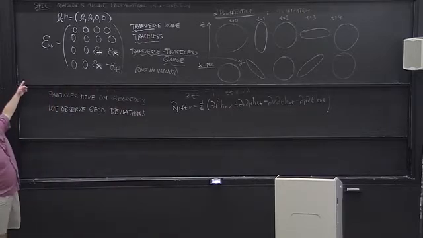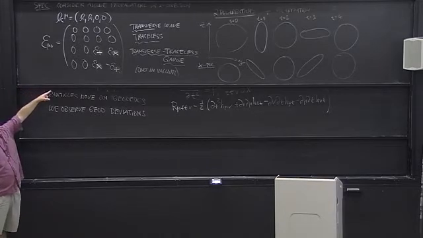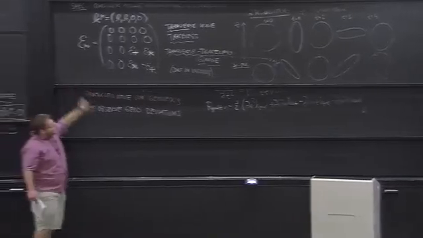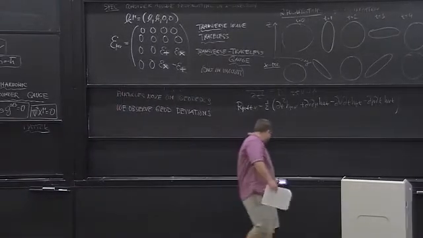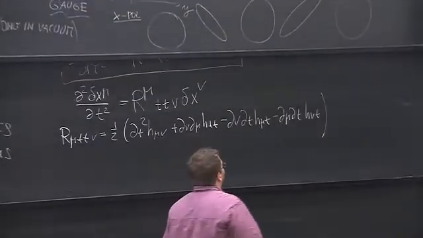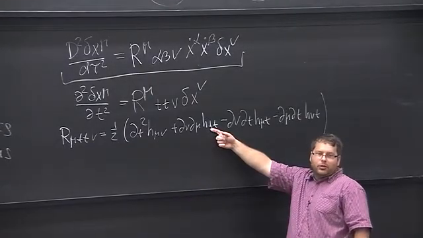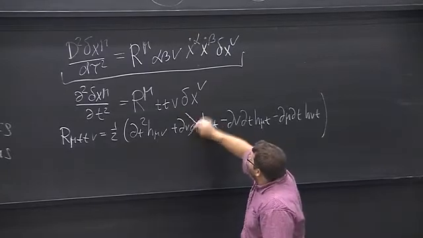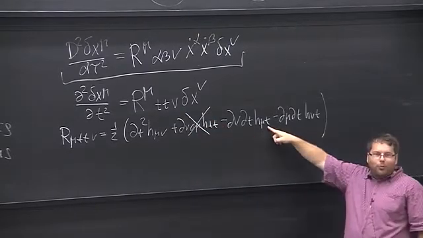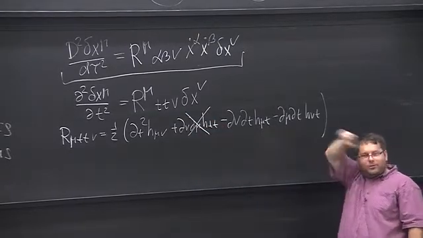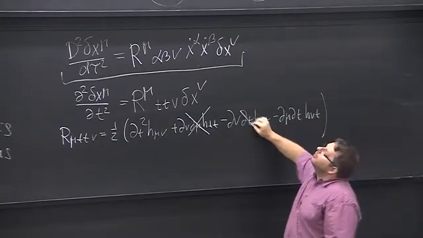But h mu nu has only components in the y and z. It's only these epsilon plus and epsilon cross. So plugging in this form for epsilon mu nu, you see that there is no component h tt, right? So it's not the transverse traceless gauge, but there's also no component h mu t, because that's the first row.